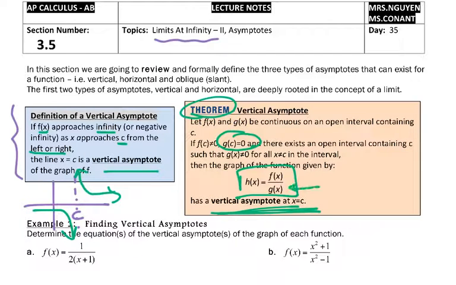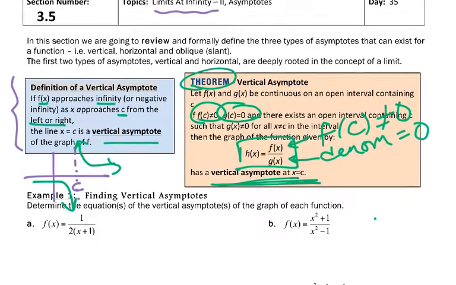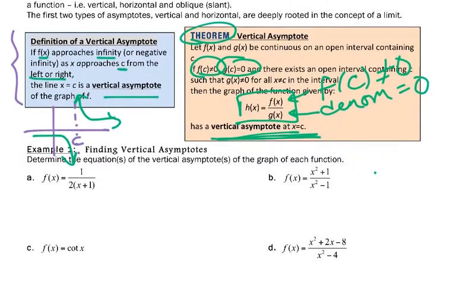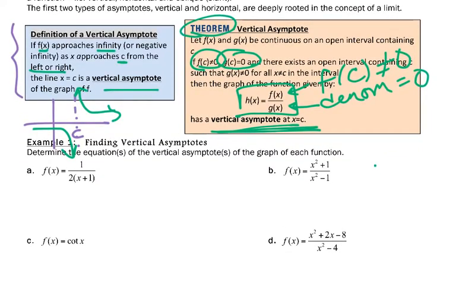So basically it's saying we want our denominator to equal 0 in order to have a vertical asymptote. The key thing here is f of c, the numerator, cannot be equal to 0 because we can't have 0 over 0. If we have that situation, we have a hole. And we'll take a look at an example like that.